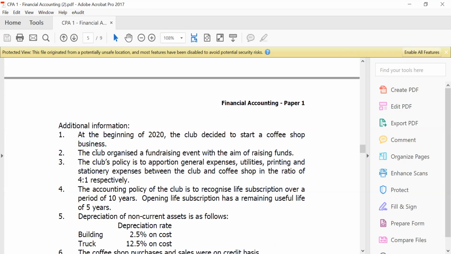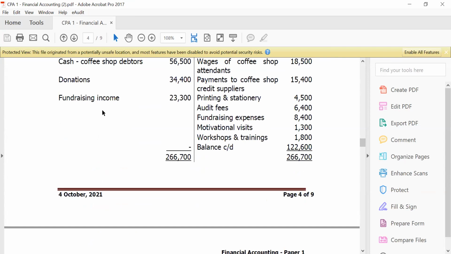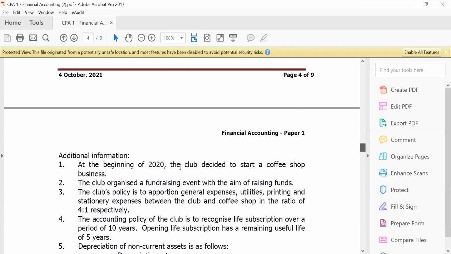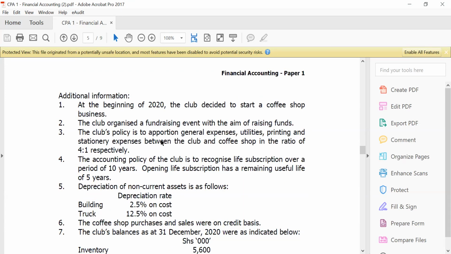And then they are telling us that the club organized the fundraising event with the aim of raising funds. So we're able to see the fundraising income and also the fundraising expenses. So we proceed down. They also tell us here that the club's policy is to apportion general expenses, utilities, printing and stationery expenses between the club and coffee shop in a ratio of 4:1.